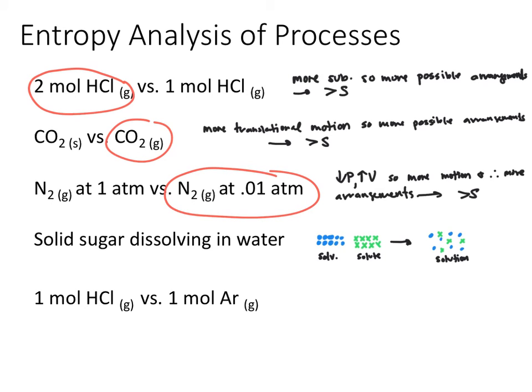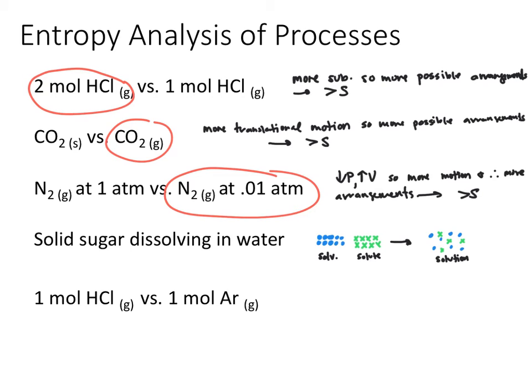Okay, so let's go ahead and look at the entropy here. So we have solid sugar and water. They are coming together to form a solution. Okay, so if we look at the solvent, which is water, and the solute, which is sugar, they both have repeating organized patterns in their particular substances when they're by themselves.